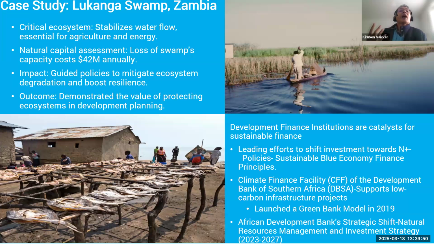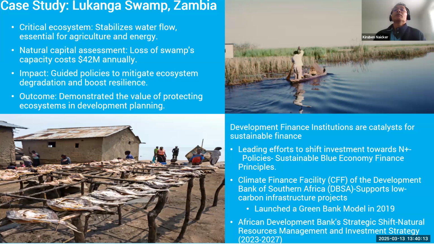So again, the outcomes of a natural capital assessment, it demonstrates the value of protecting these ecosystems in development planning. These development finance institutions are therefore catalysts for sustainable finance, leading efforts to shift investment towards nature-positive policies.